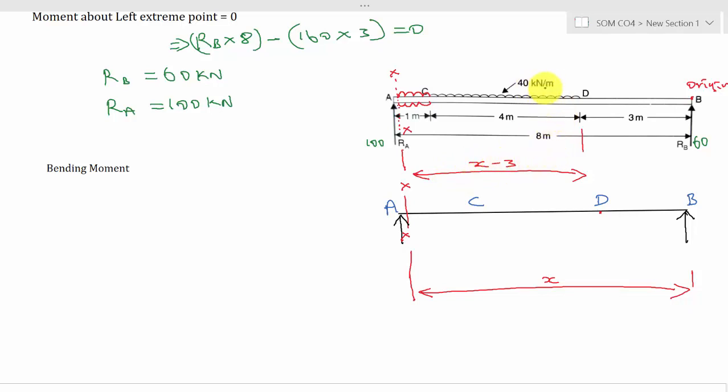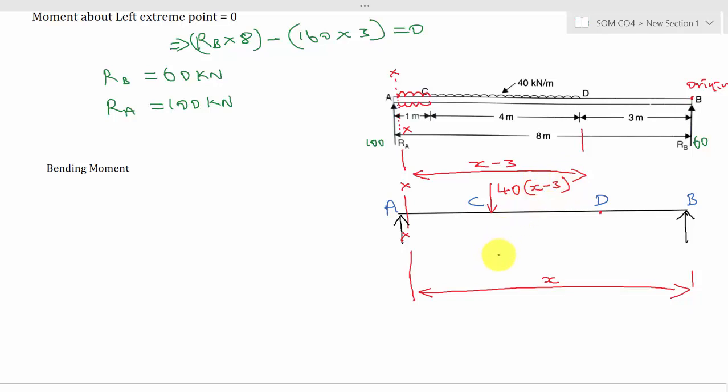So this 40 kilonewton per meter is acting at a distance of x minus 3. Okay. So I'm going to mark it. This is my load, that is 40 kilonewton, and it is acting at a distance of x minus 3.